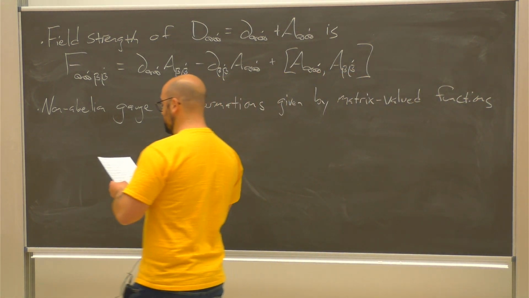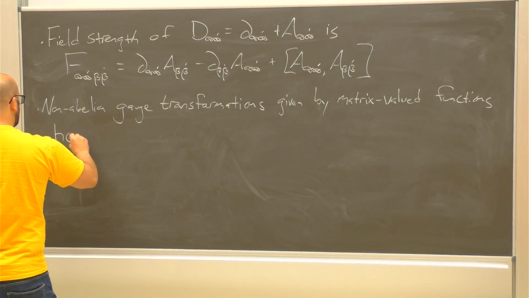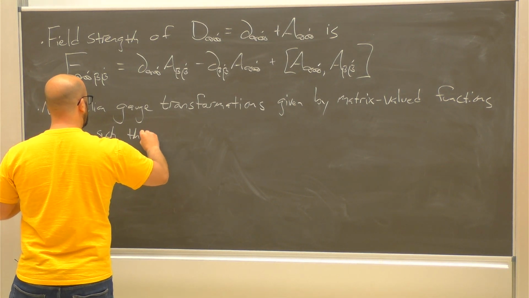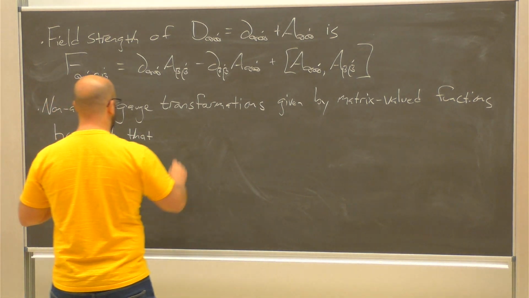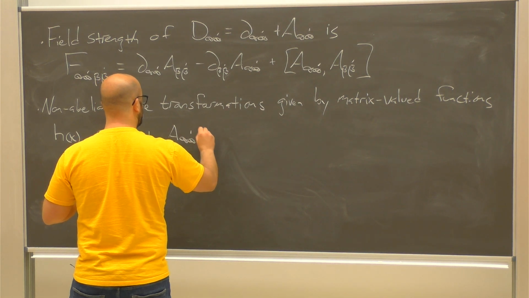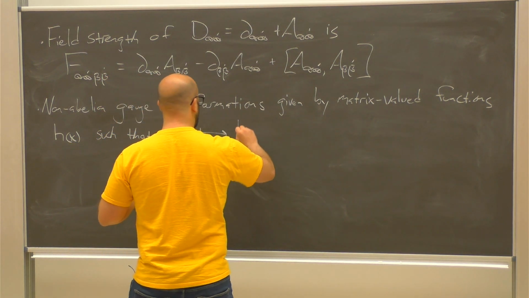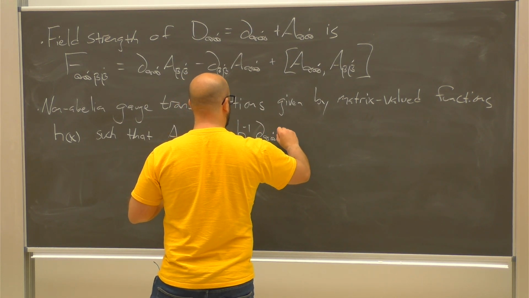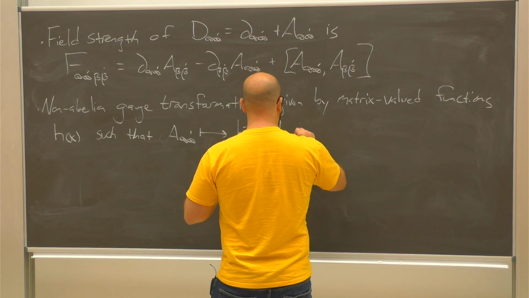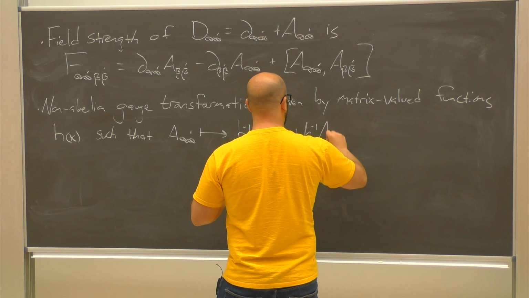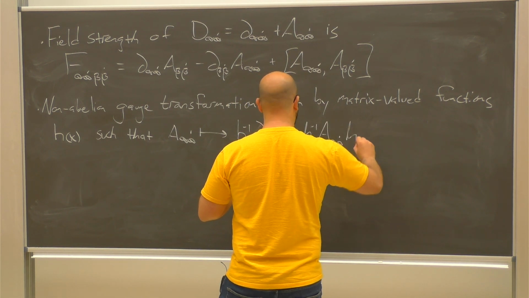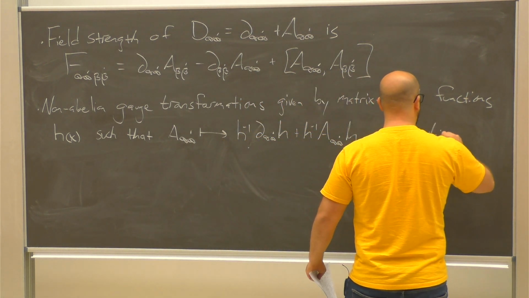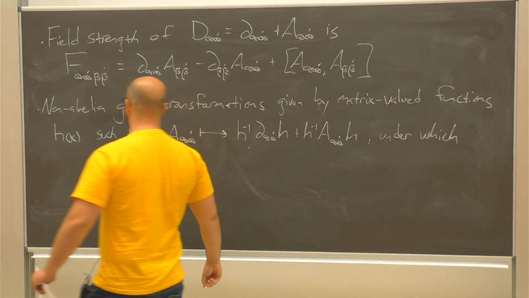Let me call them little h of x, such that our gauge transformation is given by sending the gauge potential A_{αα'} to h^{-1} d_{αα'} h plus h^{-1} A_{αα'} h, under which this field strength transforms covariantly.